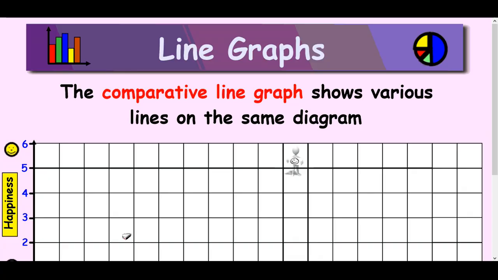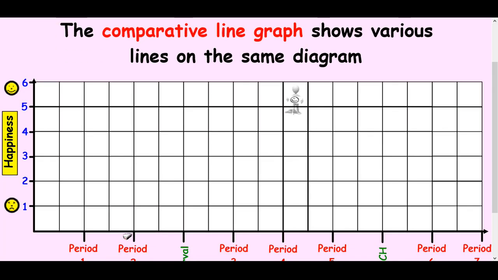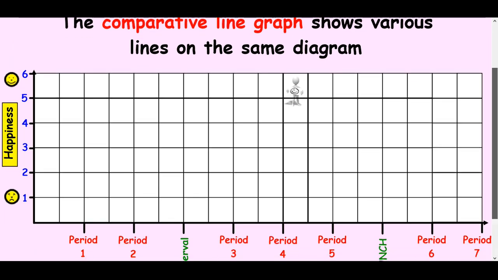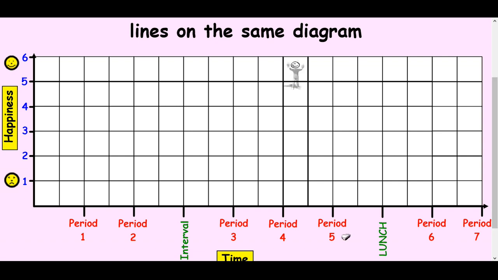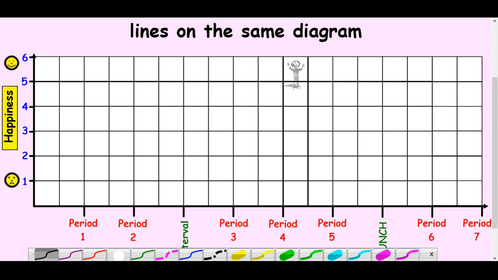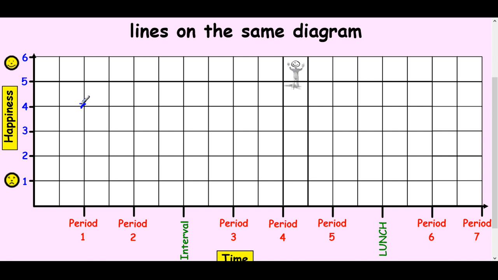Now, if you're drawing a comparative line graph, you want two lines on the same diagram. Now, I've got one for periods throughout the day, and you can work out what your happiness is depending on what period you've got. In order to do that, you would just need to plot some points. So I'm going to start with maybe on a Monday you could say, okay, period 1 you're going to give it a 4, and then period 2 you're going to give it a 3.